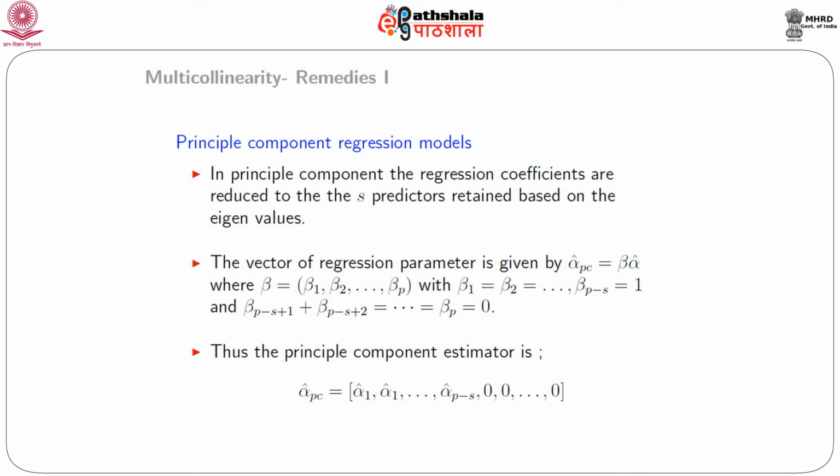And let me remind the reader, this vector beta is not the same as the vector of regression coefficients that we started with in the regression model. Thus the principal component estimator for the model is given by alpha hat PC, which equals (alpha 1 hat, alpha 2 hat, ..., alpha p minus S hat), and all the remaining components are 0.